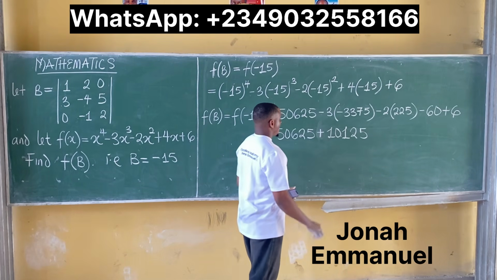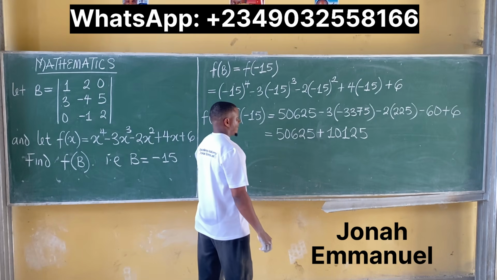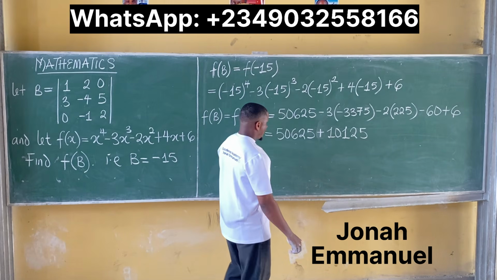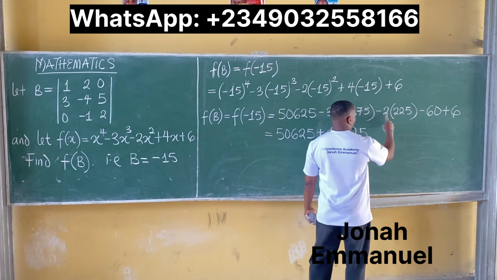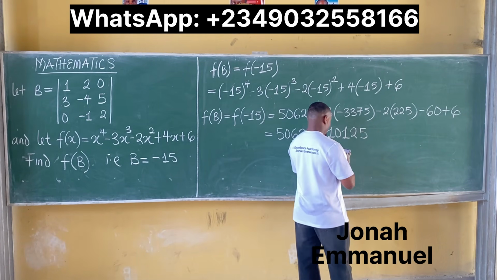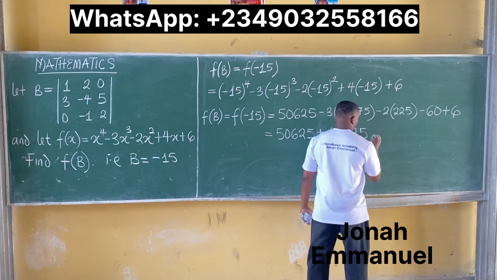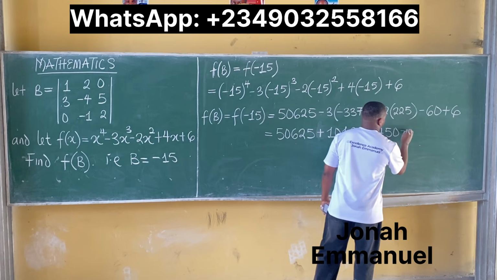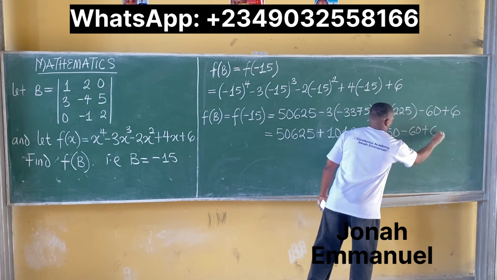Next, minus 2 times 225 is minus 450, minus 60, plus 6.